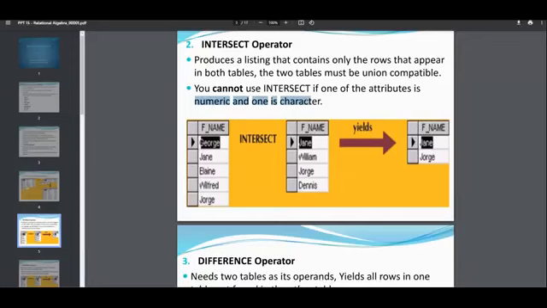Here, intersect operator. So after intersecting, what are the common things? Jane and George are the common fields for both.